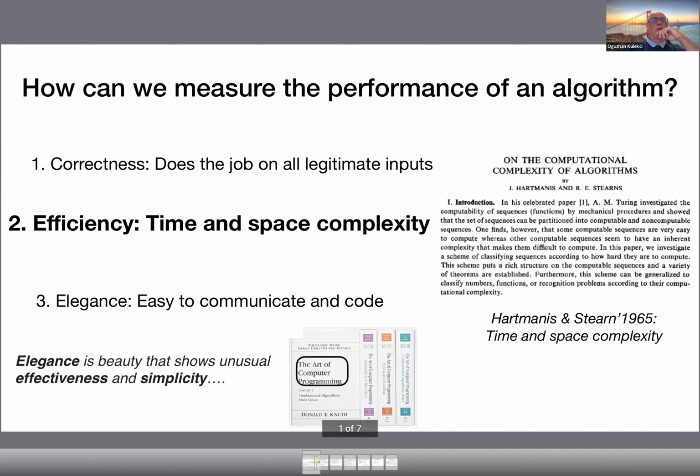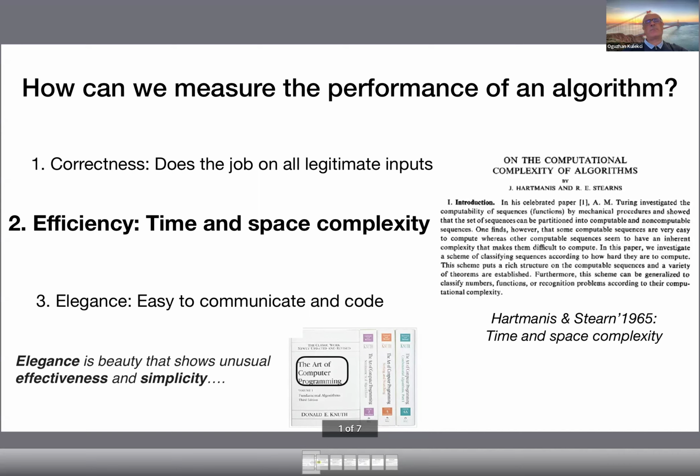But once we have a correct algorithm, how will we measure its efficiency? To measure the efficiency, in '65 two researchers, Hartmanis and Stearns, proposed to use time and space complexity, which was very intuitive. Whenever I have an algorithm, I want it to be fast, providing me the output as quickly as possible, and I want it to use minimal resources.